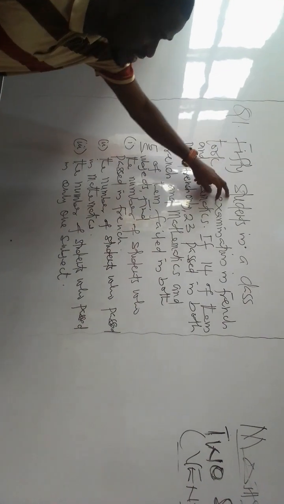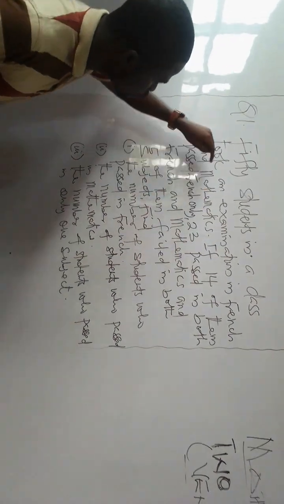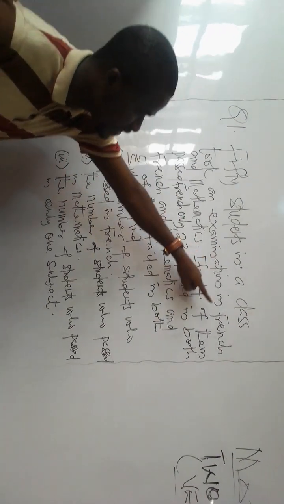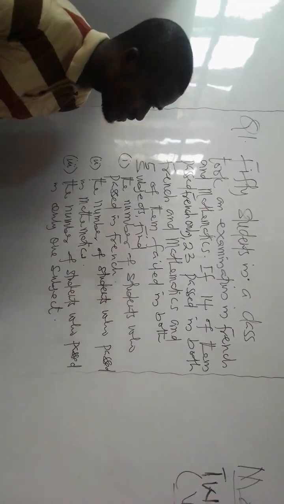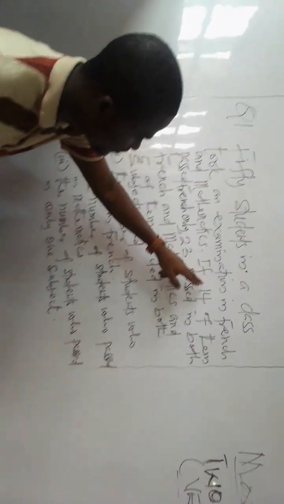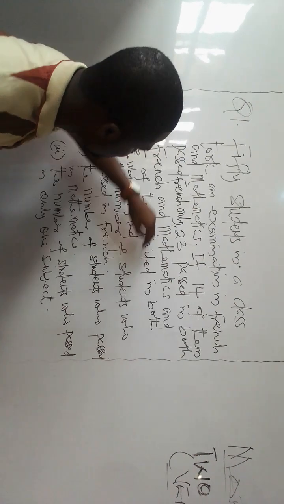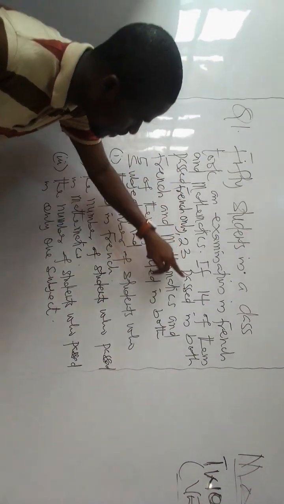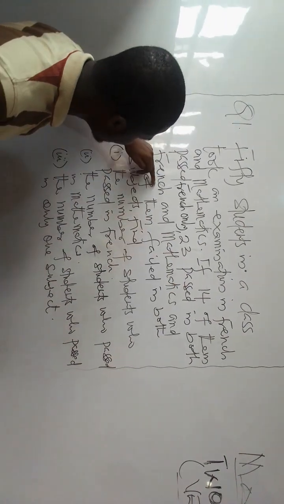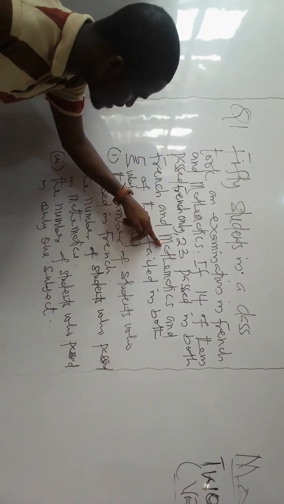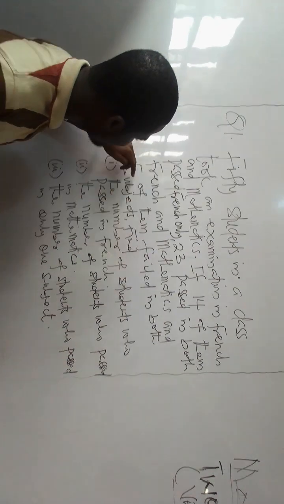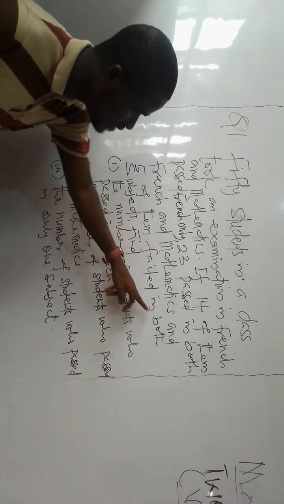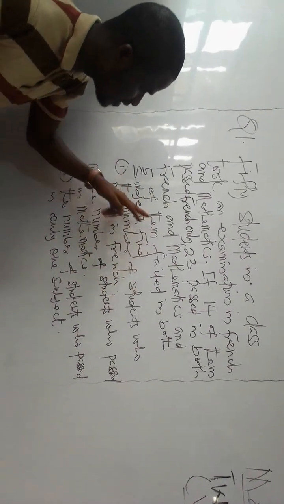Now, the question says 50 students in a class took an examination in French and mathematics. If 14 of them passed French only, 23 passed in both French and mathematics, and 5 of them failed in both subjects.